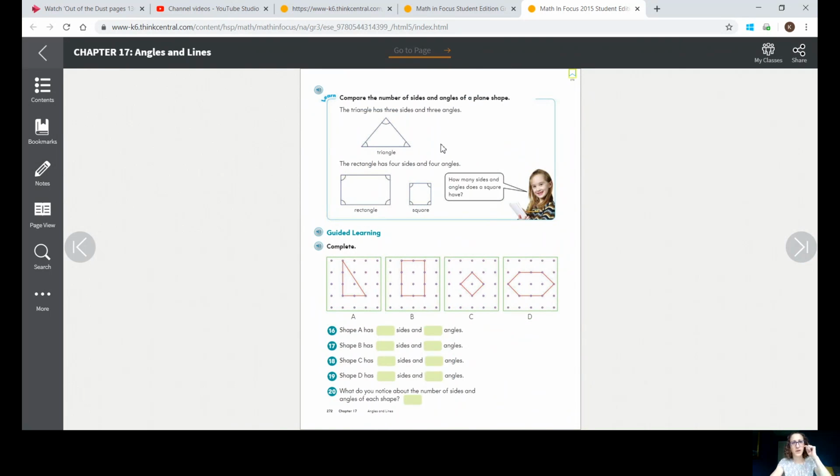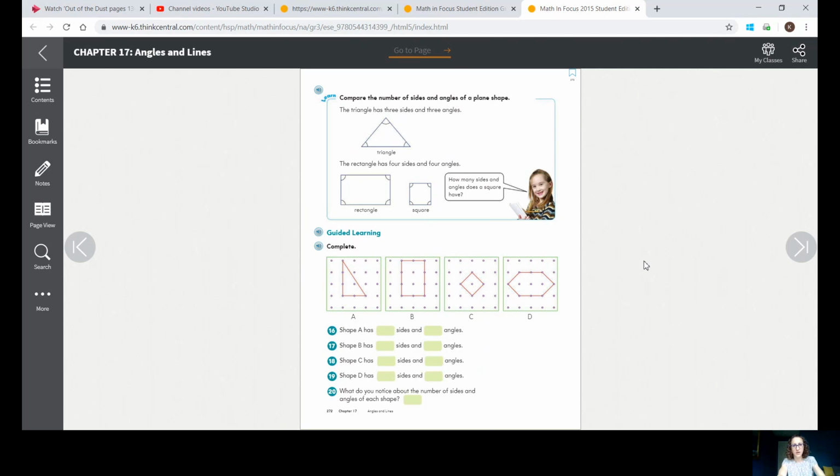Another example, compare the number of sides and angles of a plane shape. The triangle has 3 sides and 3 angles. The rectangle has 4 sides and 4 angles. How many sides and angles does a square have? Looks like 4.